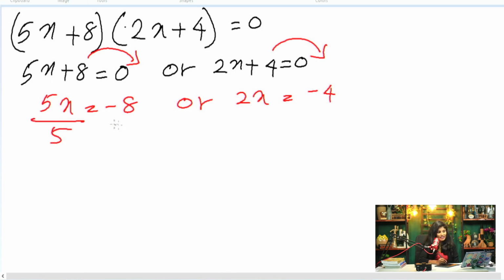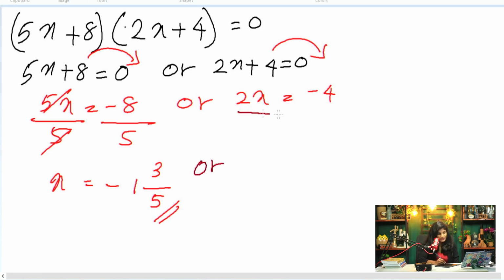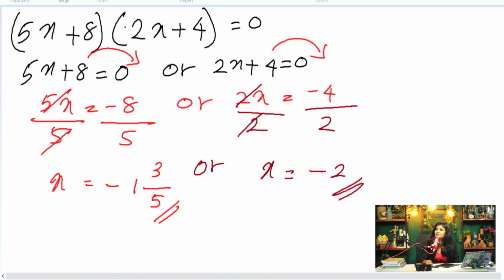Dividing both sides by 5, 5 and 5 cancel out, x equals negative 8 over 5. I will convert this into a mixed number, negative 1 3 over 5. Or dividing both sides by 2, 2 and 2 cancel out, x equals negative 2. That's it.